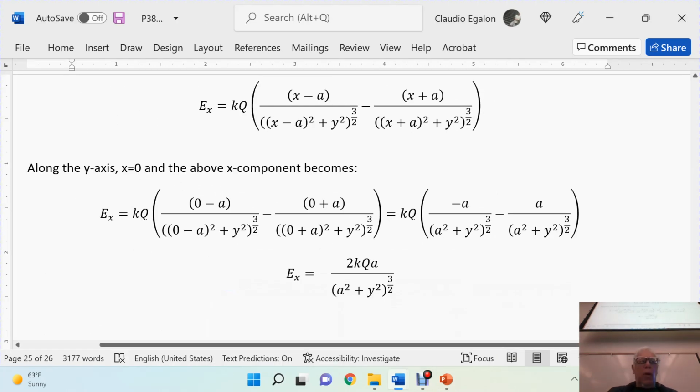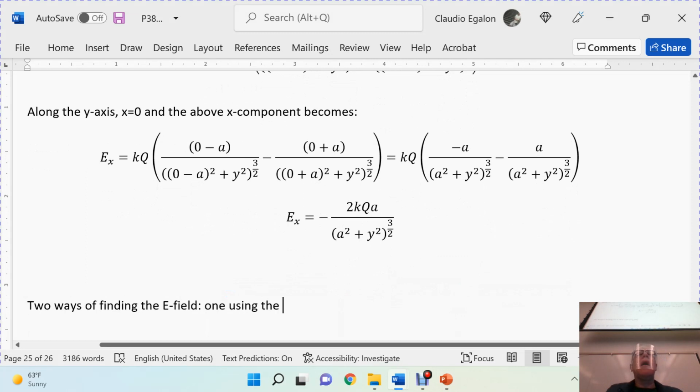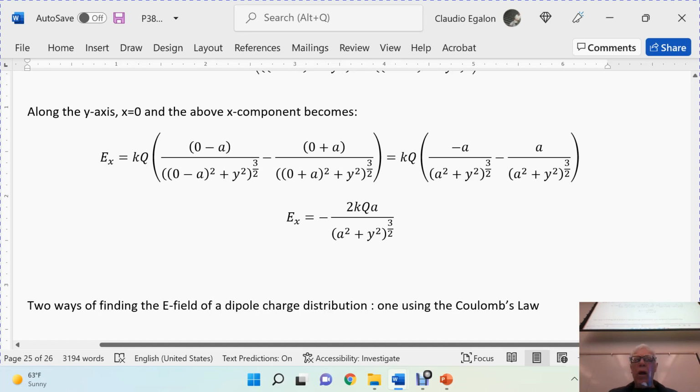So that's one way of finding the electric field. We find the electric field in two ways, right? One using the Coulomb's law for the electric field of a dipole charge distribution.